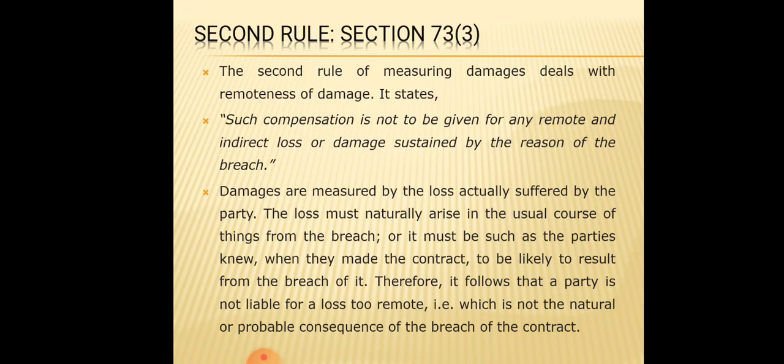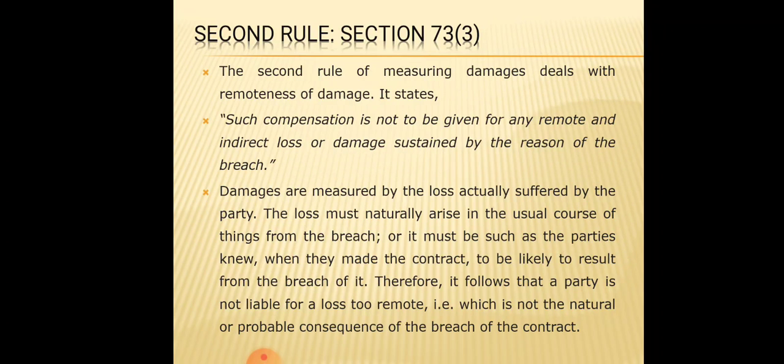The second rule, under section 73 clause 3 (sic), deals with remoteness of damages. It states such compensation is not to be given for any remote and indirect loss or damage sustained by reason of the breach. Damages are measured by the loss actually suffered by the party.